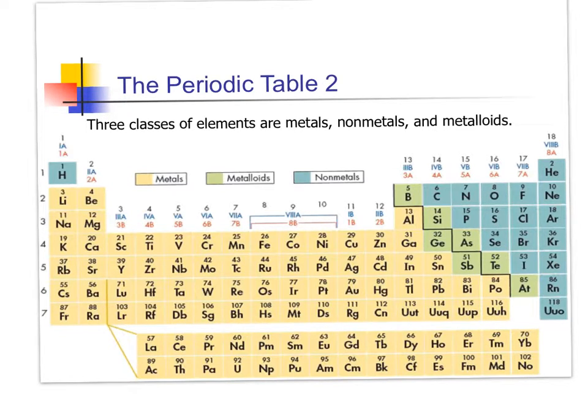That is my strong suggestion. Why? Because when we get into some of the naming and some of the bonding, it will be very useful for you so that you can see what kind of naming you have, because is it a metal or is it a non-metal?